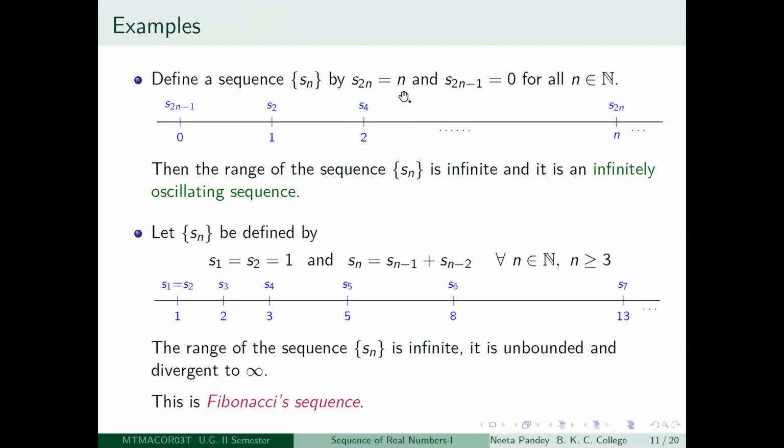So you keep on increasing when you are looking at the even indexed terms of the sequence, and every odd index term is coming back to 0. So you just go 0 to 1, then 0 back, then 2, then 0, then 3, then 0, then 4, and then 0, and so on. So this is the way you are getting the sequence.